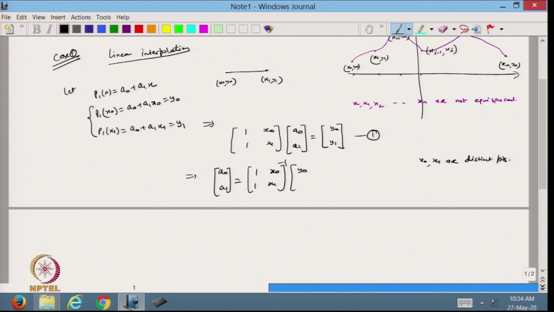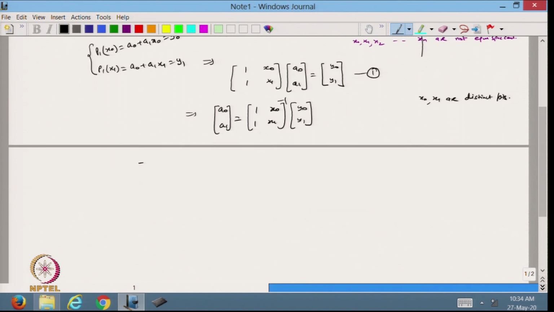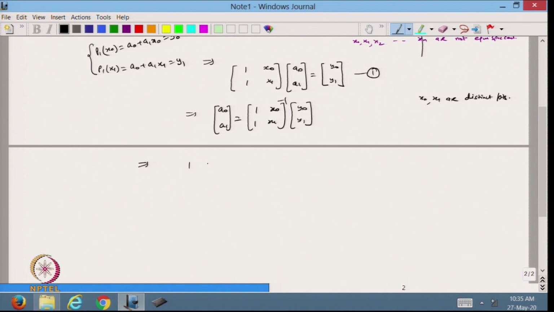The inverse of the matrix with rows 1 x0 and 1 x1 is 1 over the determinant, x1 minus x0, times the adjoint, which has rows x1 and minus x0, and minus 1 and 1.